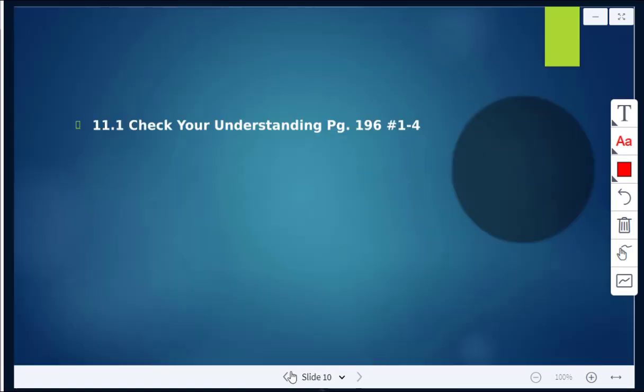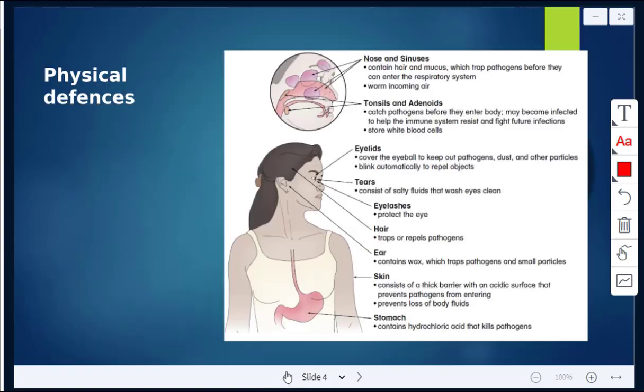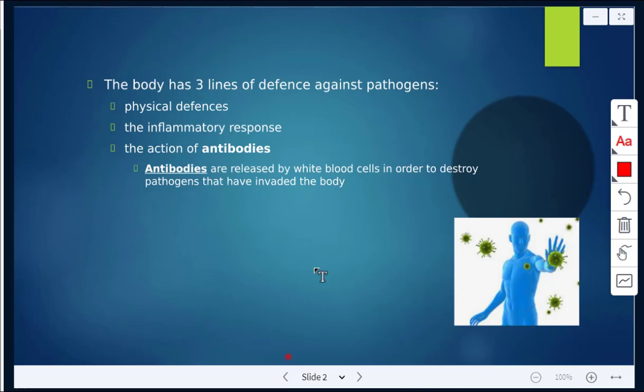All right, so like I said, if we just go back to the very beginning, there's three lines of defense. So the physical defenses, those are the things we saw like the skin, eyelids, the tears. Next was the inflammatory response, where we see the swelling, the redness, as well as the macrophages.